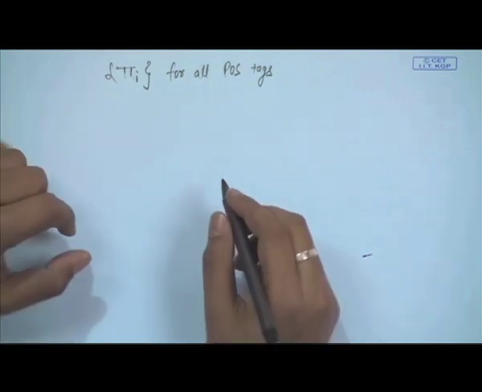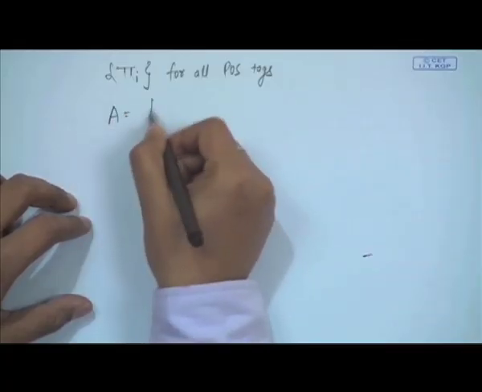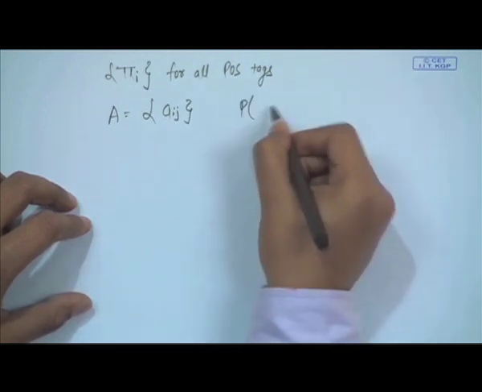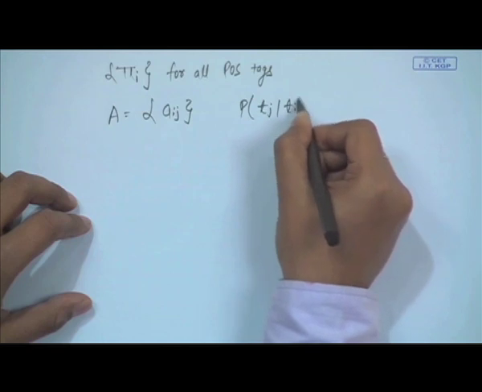Then I need the probability of transition from one part of speech tag to another. So this is my transition matrix. I need all these A_ij, the transition probability of Tj given Ti.